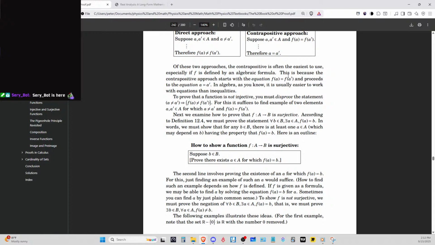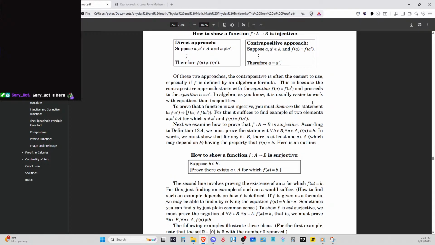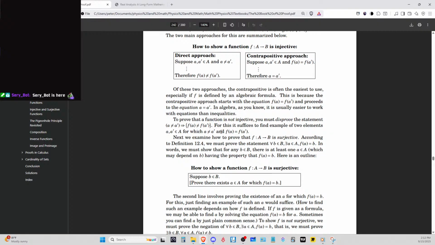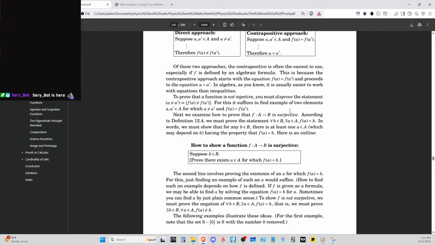Okay, so that's why it says contrapositive. Yeah, that makes sense, because with the contrapositive you show that not Q implies not P, if you're thinking about it in logical statements.